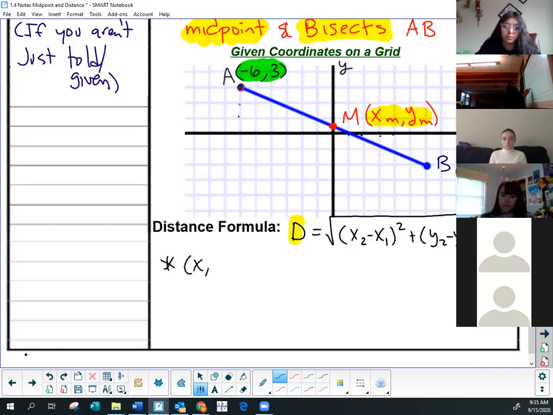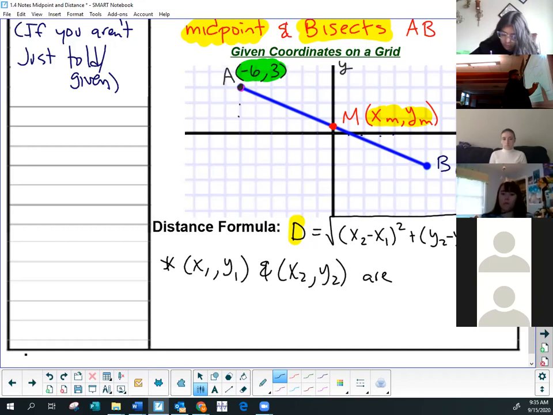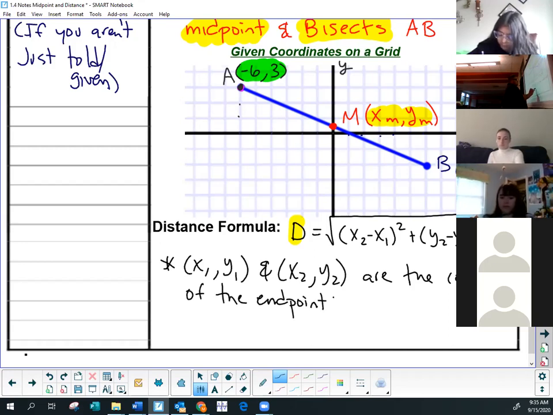X1, Y1, and X2, Y2. These are the coordinates of the endpoints themselves.